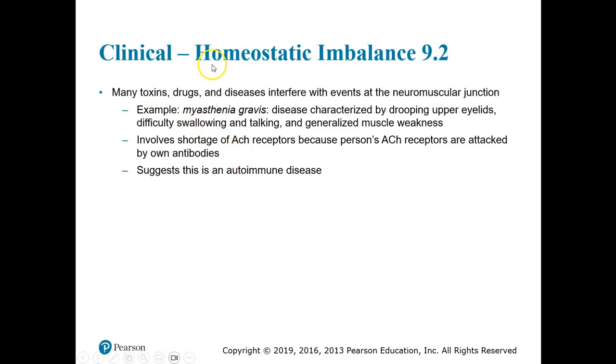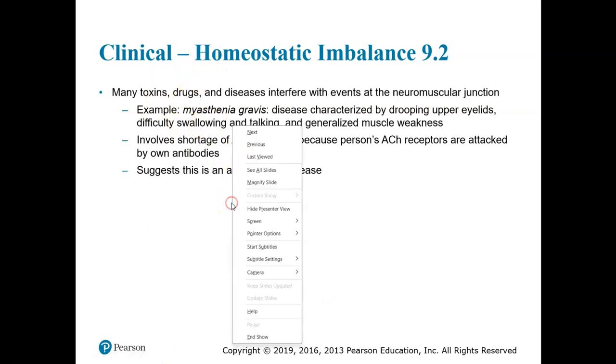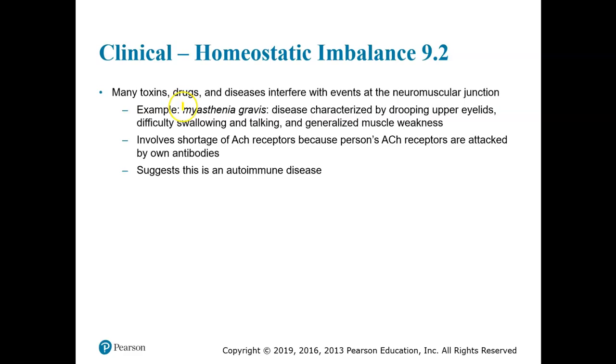So a homeostatic imbalance example is the disease called myasthenia gravis. Myasthenia gravis is characterized by drooping upper eyelids, difficulty swallowing and talking, and general muscle weakness. It involves a shortage of acetylcholine receptors because a person's own antibodies attack their acetylcholine receptors, so it's most likely an autoimmune disorder.